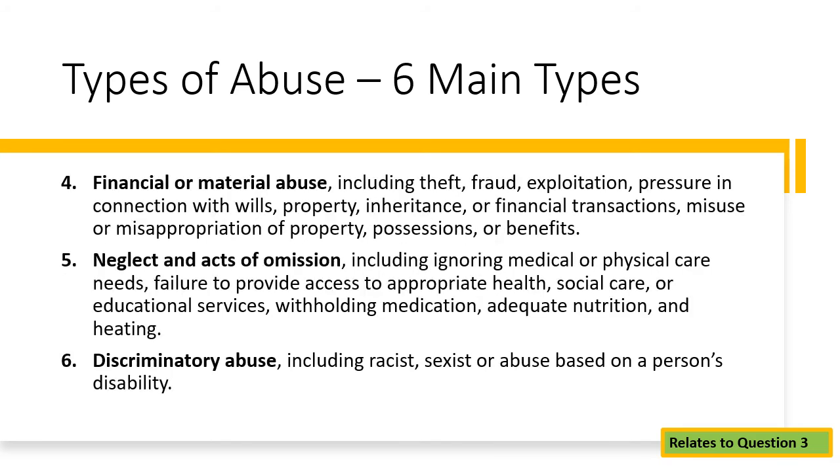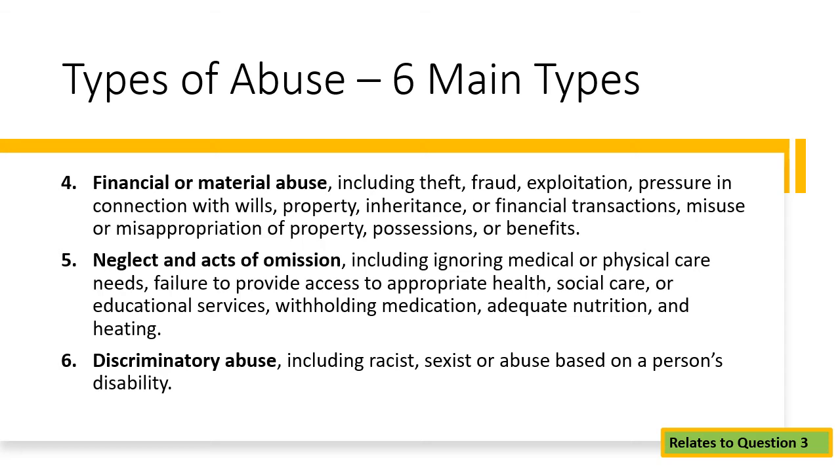Number 4, financial or material abuse. So this includes theft, fraud, exploitation, pressure in connection with wills, property, inheritance or financial transactions, misuse or misappropriation of property, possessions or benefits.